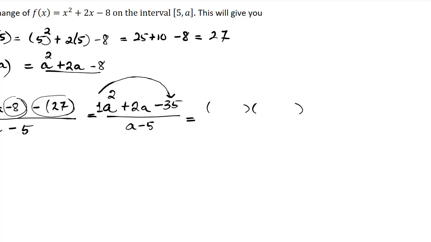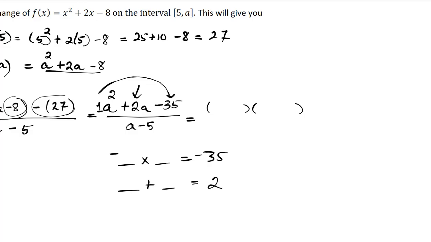So we multiply the leading coefficient, which is 1, times negative 35. We get negative 35. So think of two numbers that multiply to negative 35 and add to the linear coefficient. So two numbers that multiply to negative 35, but they add to the number 2.